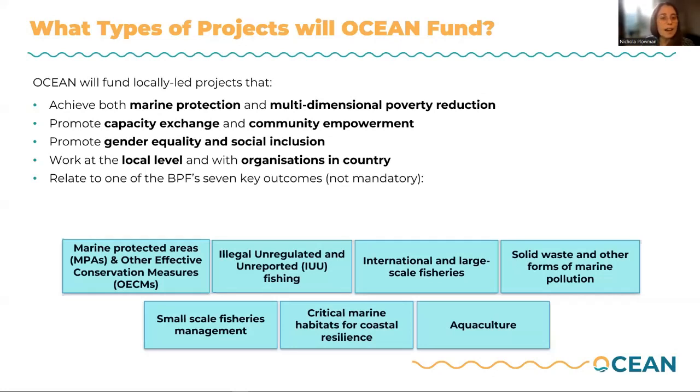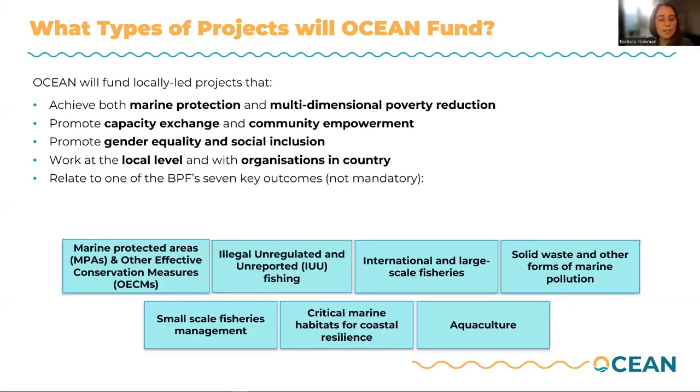And we hope that you can relate to one of the Blue Planet Fund's 7 key outcomes. And these are listed below. Now, it's not mandatory to relate directly to one of these outcomes. So feel free, if you have a project idea that doesn't seem to fit in here, you can still apply as long as it meets the criteria that I've mentioned above.